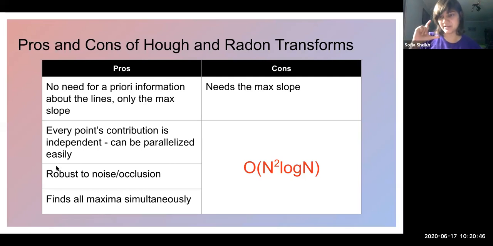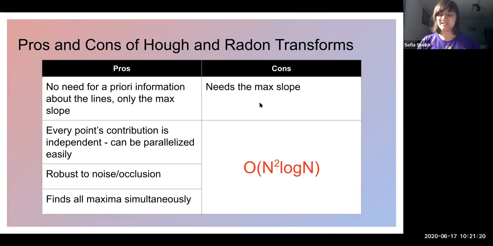It'll pick up line segments, even in noisy data, or if they're transient, which is also good for SETI because often we say we're looking for continuous signals, but if something turns on for a little bit and is very bright, we could still pick it up with this method, which is nice. And it also finds all maxima simultaneously. So if you have multiple lines in an image, say like a drifting comb of signals, it will still find and report all of those, which is really nice, not just the brightest one.